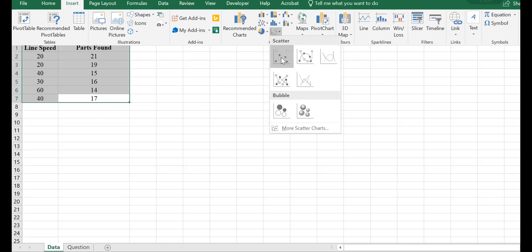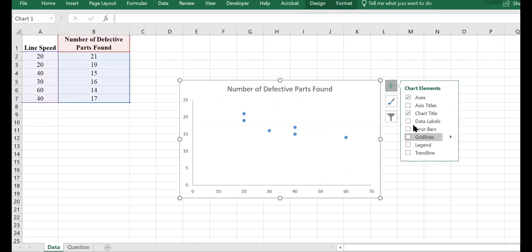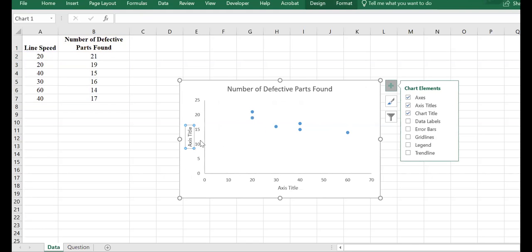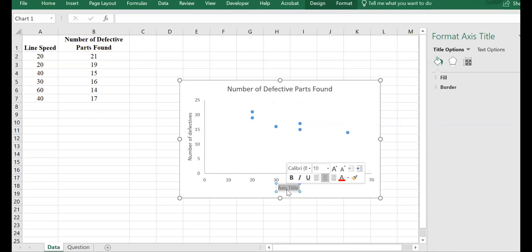So scatter, all right. And then getting rid of the grid lines, adding the axis titles. The vertical is going to be number of defective parts, and then line speed.